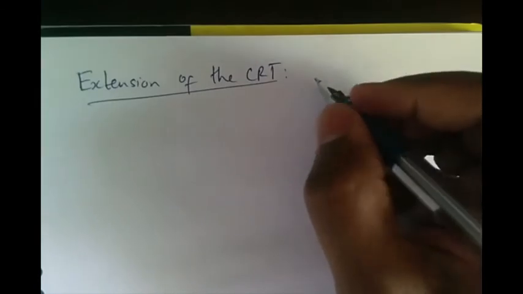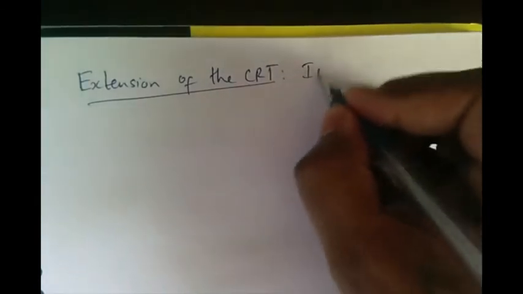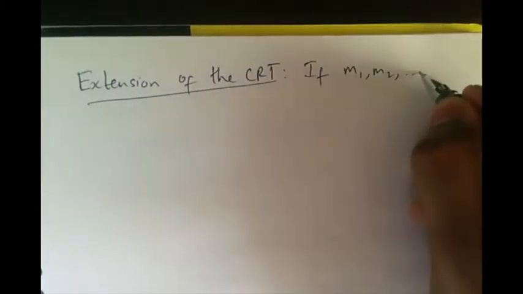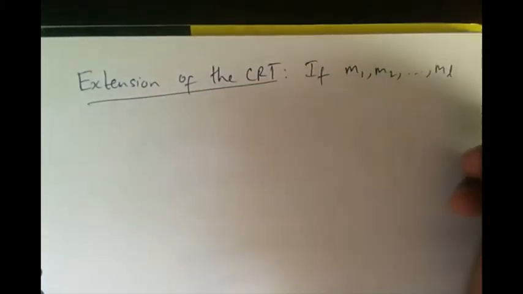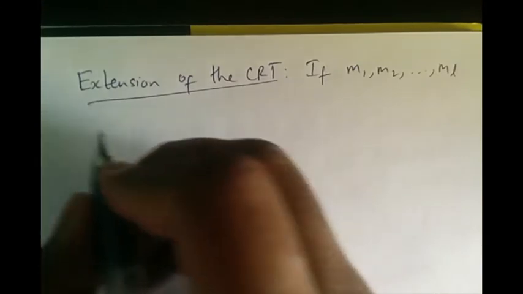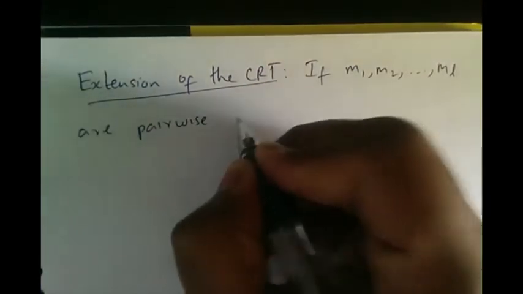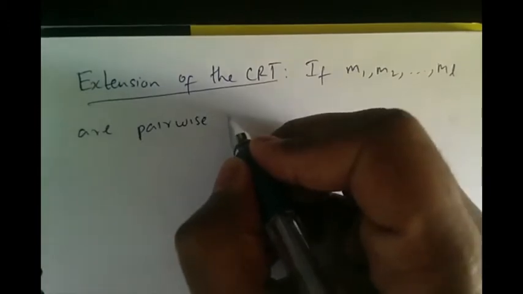So if you have L relatively prime integers, let's say m1, m2 up to m sub l are pairwise relatively prime.